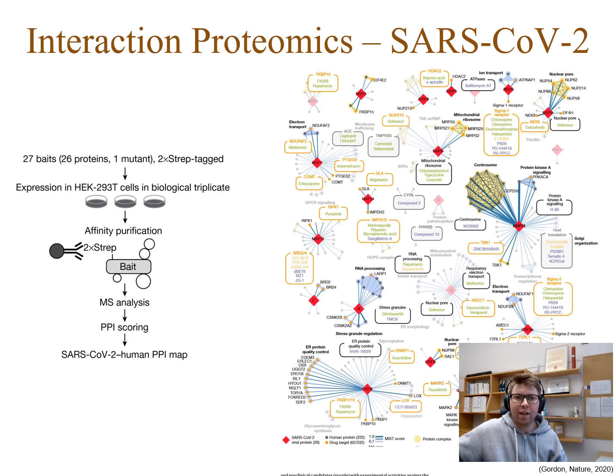And overlaying this new SARS-CoV-2 human protein-protein interaction map with information on available drugs and which protein interactions they target actually enables the identification of already established and approved drugs that have the potential to target and disrupt interactions between coronavirus proteins and human proteins.